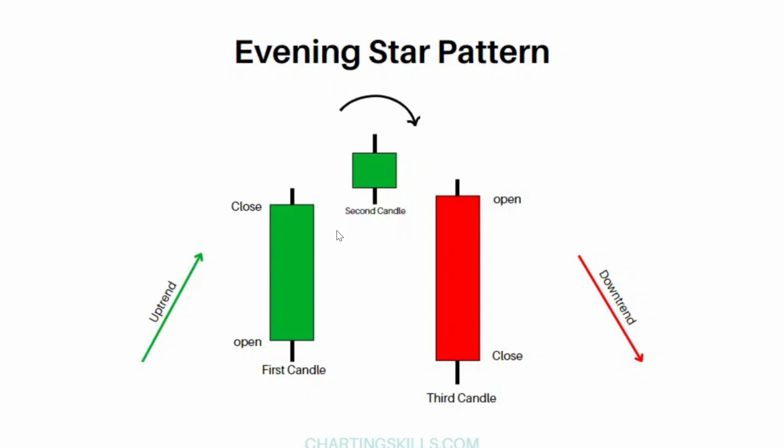Then after this sign we are having a big red candle. It shows the selling pressure in the market. So this is a multi-candlestick pattern formed by three candles, and when this signal is formed at the top, it indicates that the trend is going to reverse.